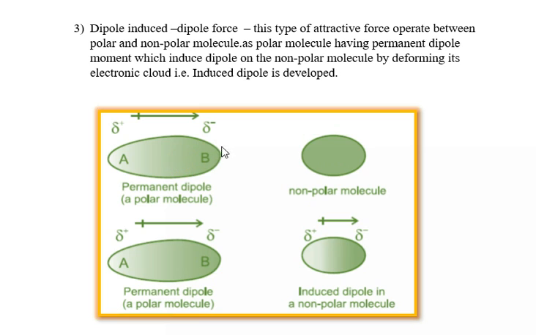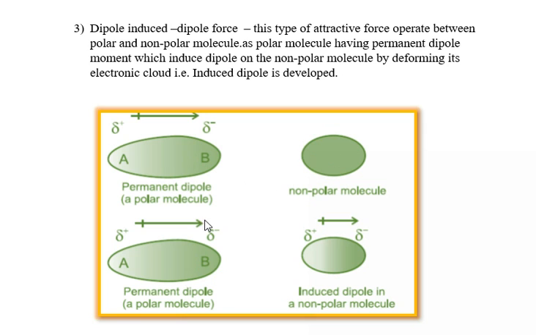Here you can see, this is a polar molecule which creates delta plus and delta minus charges. Polar means there is an electronegativity difference between the bonding atoms A and B. B is slightly more electronegative, therefore it creates a delta minus charge. This is a non-polar molecule which has no delta charge.